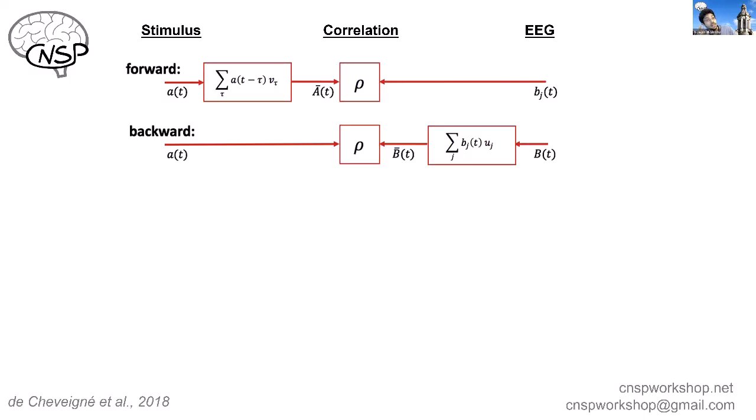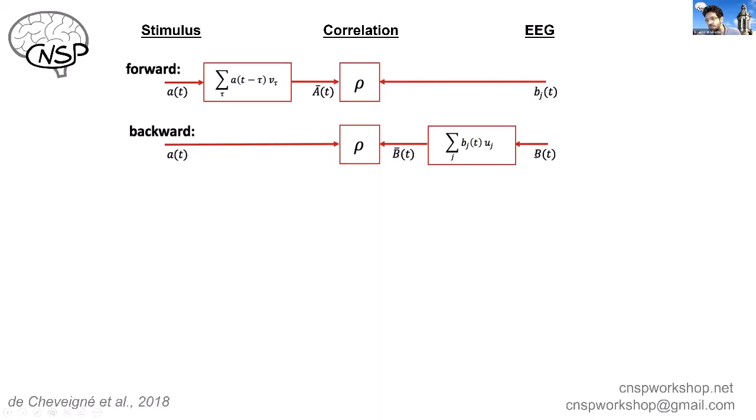Now this is the forward model and the backward model. This is a plot from Alain that gives the idea: you take your stimulus and you project it to the space of the EEG. You're trying to predict the EEG with forward models. You can consider that a projection. We also call it a rotation, depending on the field you're in. The backward model is the same thing.